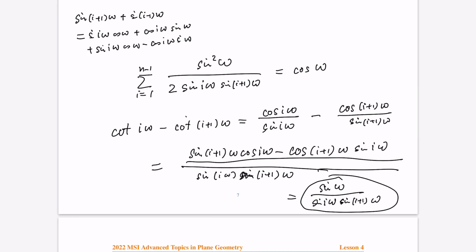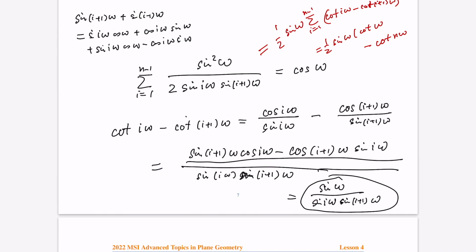I'm not going to do the detailed computation, but I probably can. Let me do it. So this is 1/2. You factor out another sine omega, sigma i from 1 through n minus 1, cotangent i omega minus cotangent (i plus 1) omega. And so the only surviving terms will be the first term and the last term: half of sine omega times cotangent omega minus cotangent of the last one, which will be cotangent n omega, if I'm not wrong.